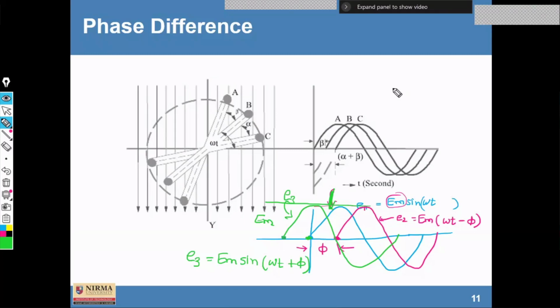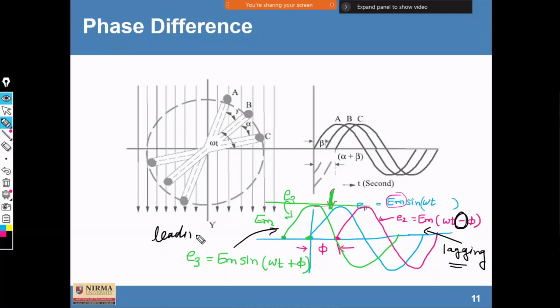So E2 is a lagging quantity, and lagging quantities are always represented with the minus sign. E3 is a leading quantity, and leading quantities are always represented with the plus sign.